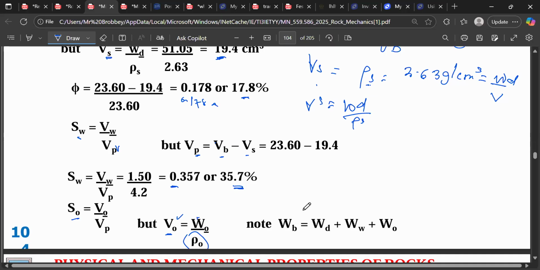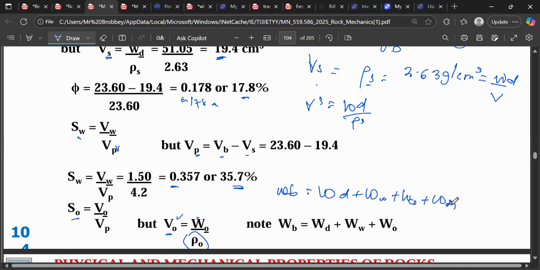But we know that the W bulk, which is the total mass, is comprised of the solids, which is the W dry, plus that which is contained with water, plus that which is contained with the oil, plus that which is contained with air.